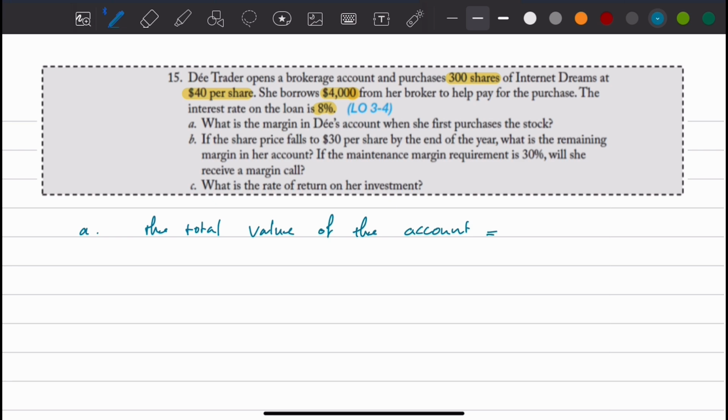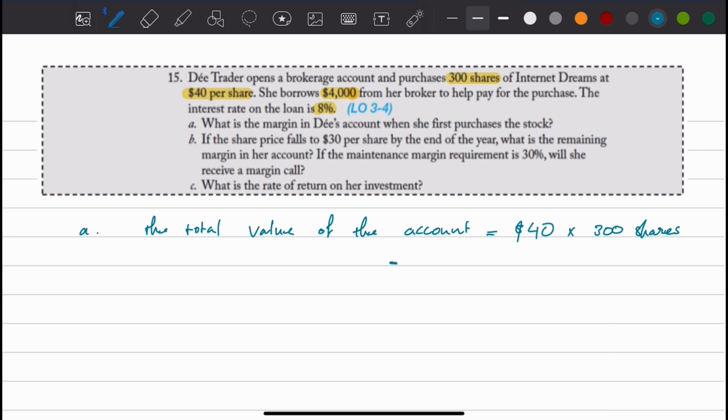is going to be the number of shares multiplied by the price per share, right? So that's going to be $40 multiplied by 300 shares. Okay.